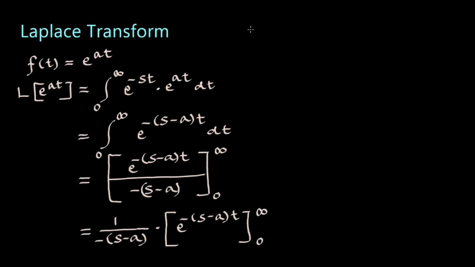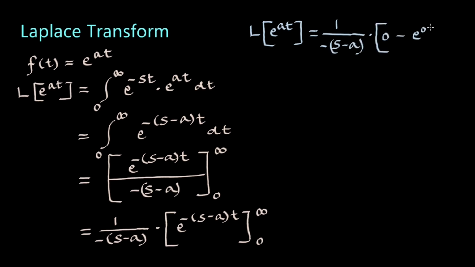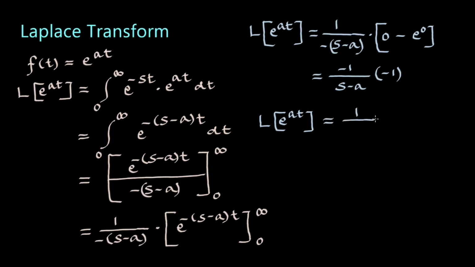That will be 1 upon minus (s minus a) into 0 minus e raised to 0, which is minus 1 upon (s minus a) into minus 1. That gives Laplace transform of e raised to at to be 1 upon s minus a, where s minus a is positive, giving s to be greater than a.